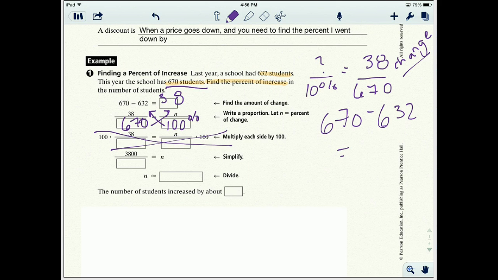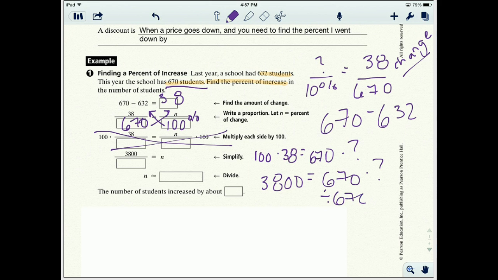So we're going to have 100 times 38 equals 670 times some number. And we're going to get 3,800 equals 670 times some number. So to get this answer, I would need to divide by 670.